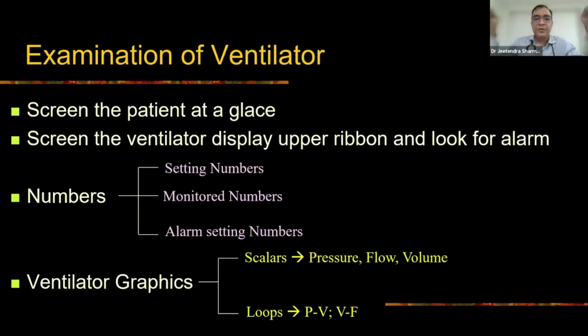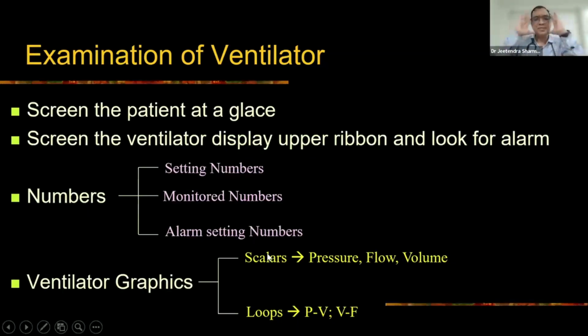The most upper part of this is because certain most important alarms and information are actually displayed over there. They are meant for the clinician to know, and once you reach the ventilator, that is the right time. Obviously one has to see in between, but at least once you reach the ventilator, see what the ventilator wants to say to you. Then come to the numbers.